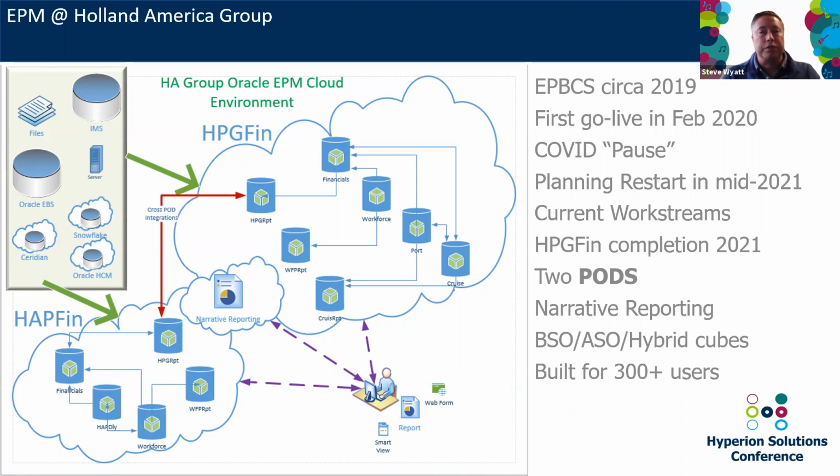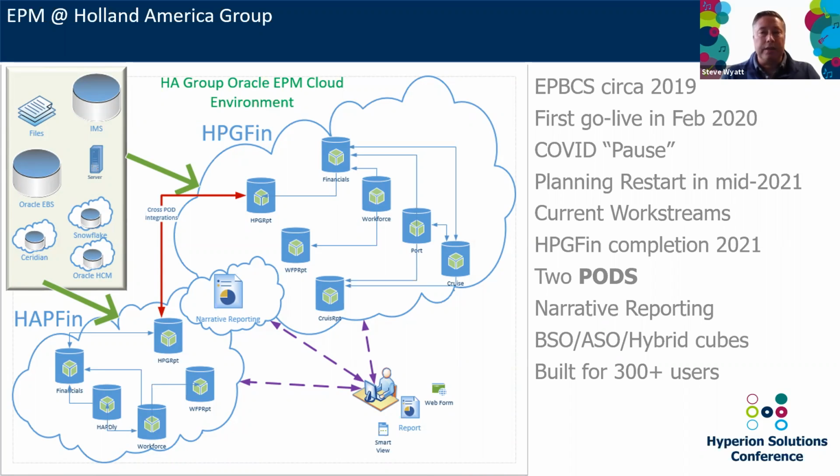Upper left-hand corner, those are our sources. All the arrows are integration, so there's a lot of data movement. And then, of course, our users connect to all these different databases via reports, SmartView, web forms, etc. We have narrative reporting, which connects to both of these pods and is used by just a few of our users at this time.